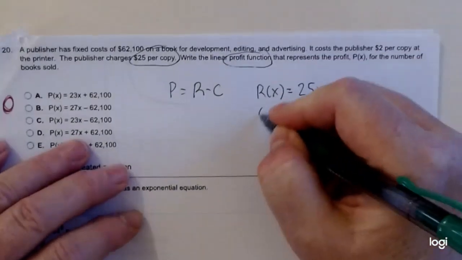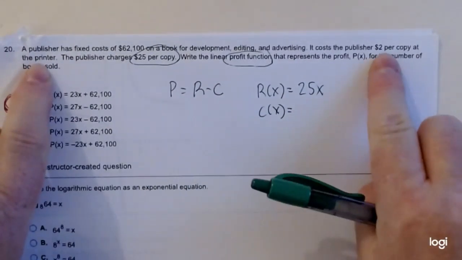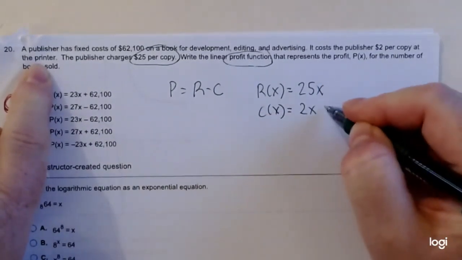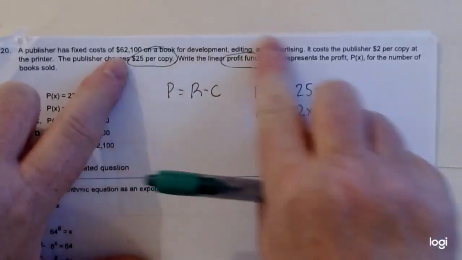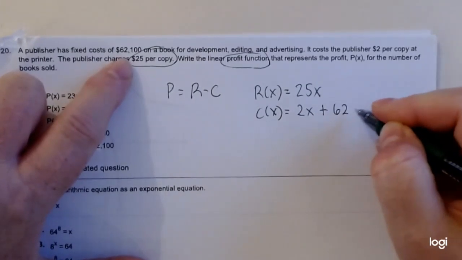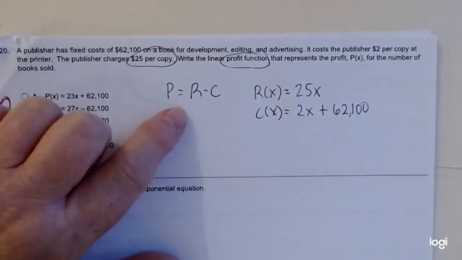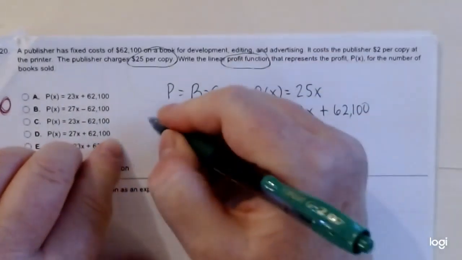The cost, well, the cost of the book is $2 per copy, plus the fixed costs. Those are the startup costs for all of the other stuff beyond just printing the book, so $62,100. And the profit then is this function minus that function.